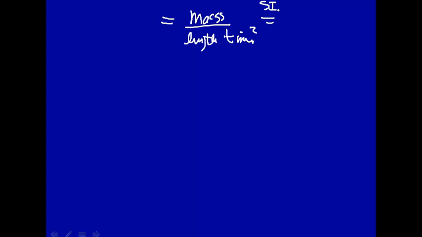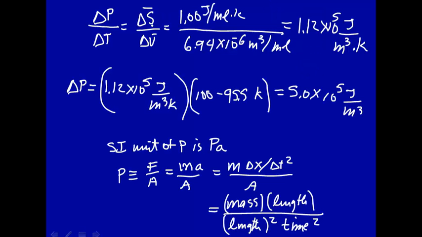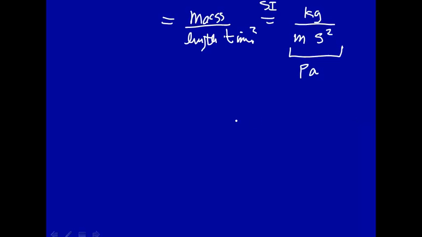Let's put in SI units. The SI unit of mass is kilogram. The SI unit of length is meter. The SI unit of time is second squared. And this SI unit is called a Pascal. Now let's go back up here. Our units we got for delta P will be joule per meter cubed. Is that a Pascal? Yeah, I think it is.